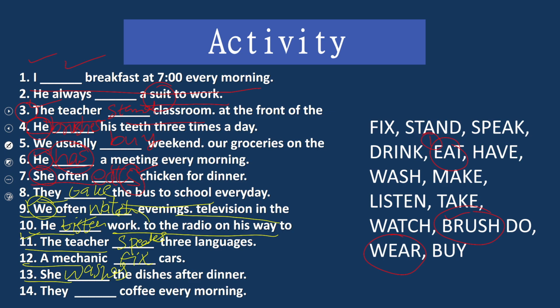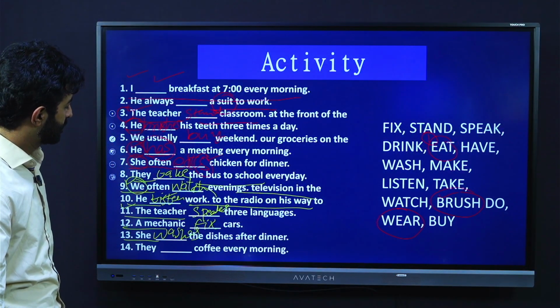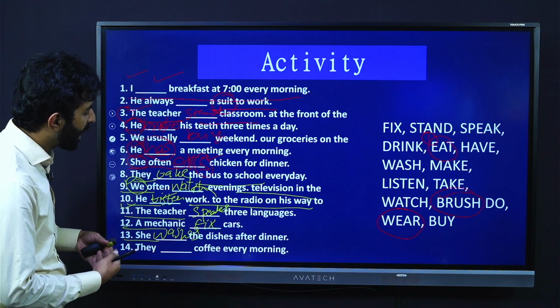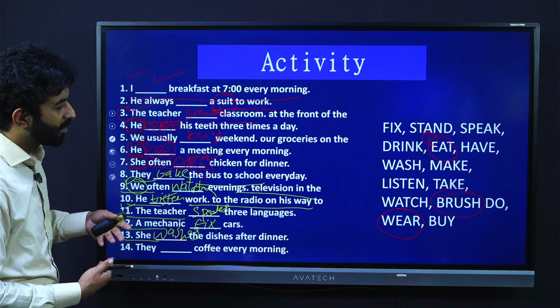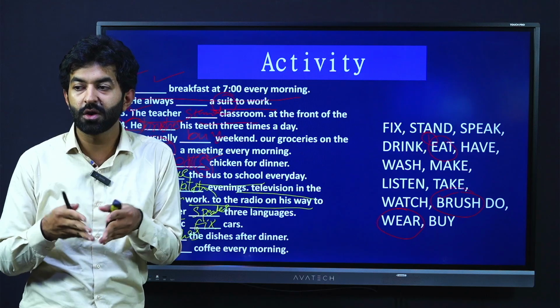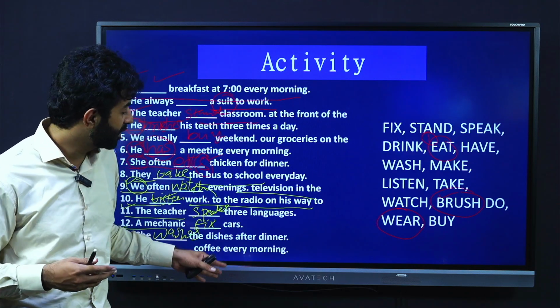They blank coffee every morning. Take, drink भी कर सकते हैं. Isn't drink more appropriate? Yes, sir. Yes. So you can say they buy coffee every morning, but buy is very general. We have to be specific. What do they do with the tea or the coffee?